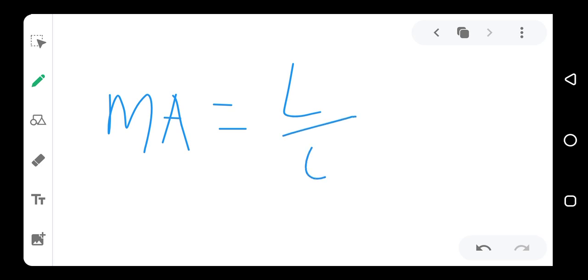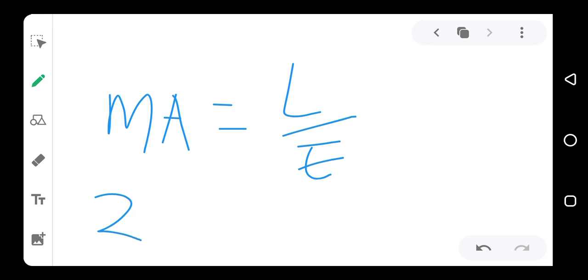The formula is, let's represent load with L and effort with E. MA is equal to L over E. Now we know our MA as 2.